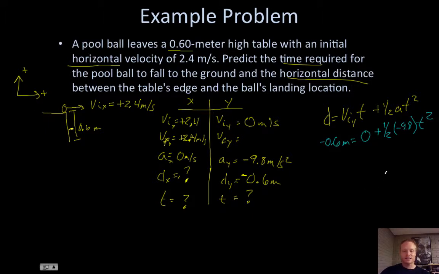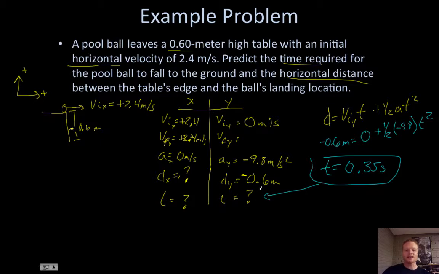Okay, and basically, if you do this algebra, which does involve a little bit of square rooting and that type of stuff, you should get a time of about 0.35 seconds. So it takes about 0.35 seconds for this marble to fall to the ground, and that is my time for both of these variables.